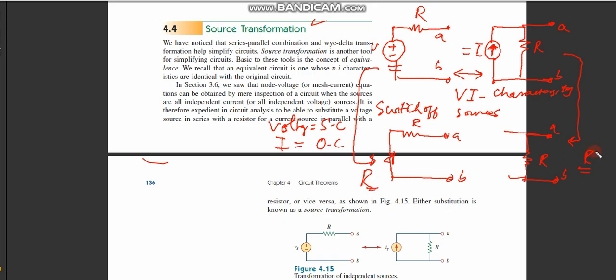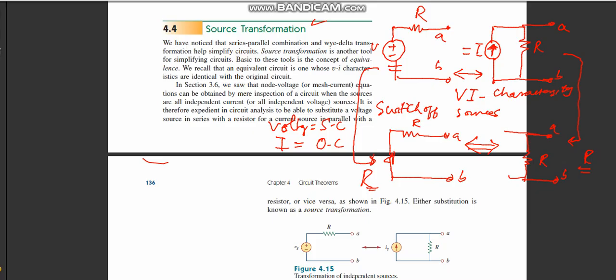If some current passes, the same voltage drop will appear across them, so you satisfy Ohm's law. Similarly, they are equivalent to each other. So basically we can transform from voltage source to current source and vice versa.